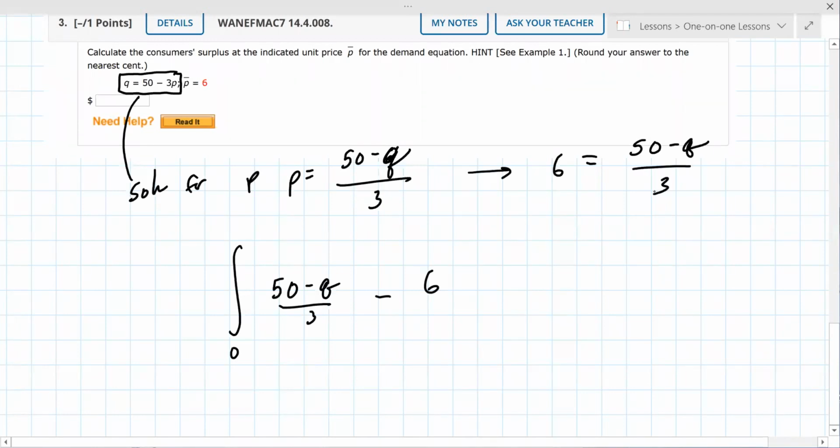And you end up getting 32, it looks like. So go ahead and throw that into your calculator and see what you get there.